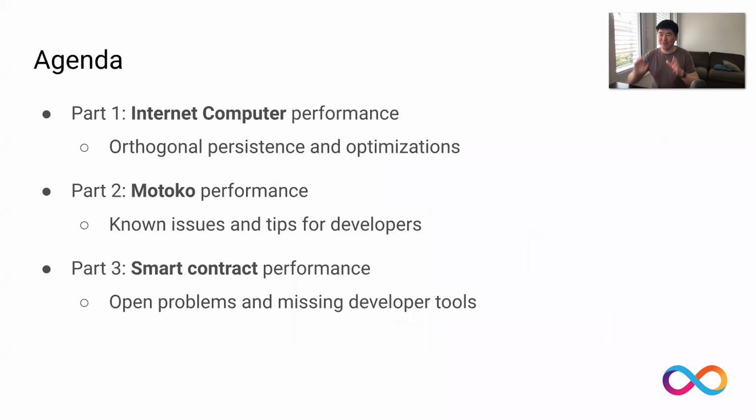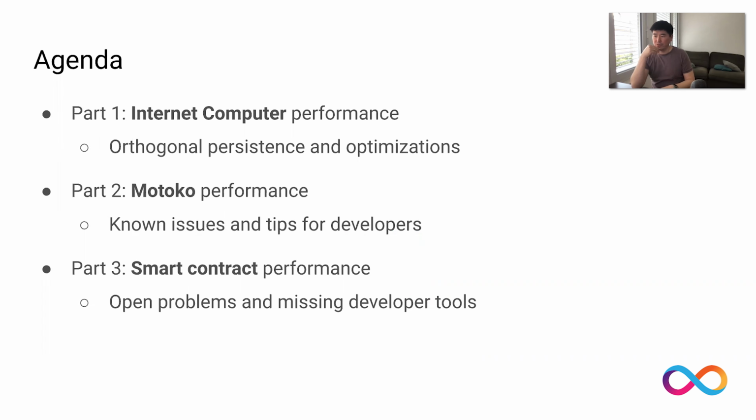Now the main part of the talk will be about the performance of the internet computer, because this is the area I work in. So I'll do a deep dive into the memory system and show the bottlenecks and the optimizations we did there.